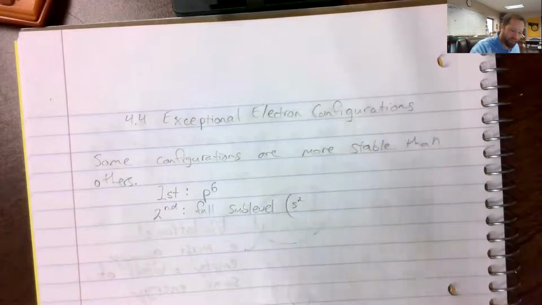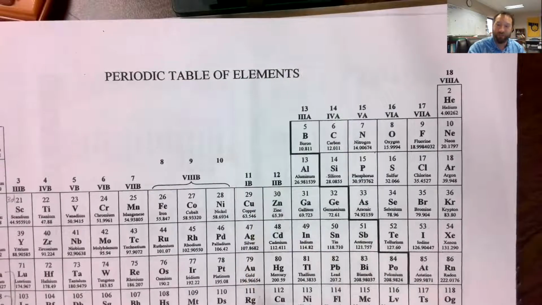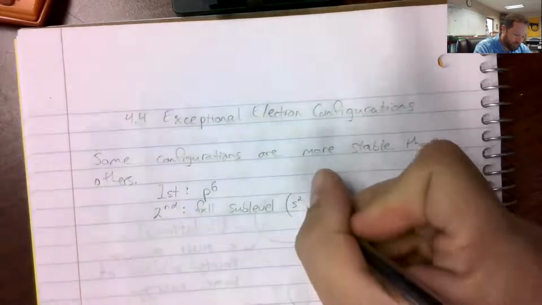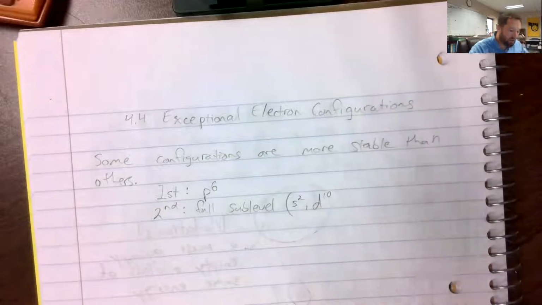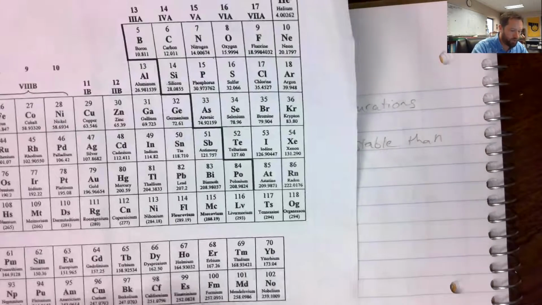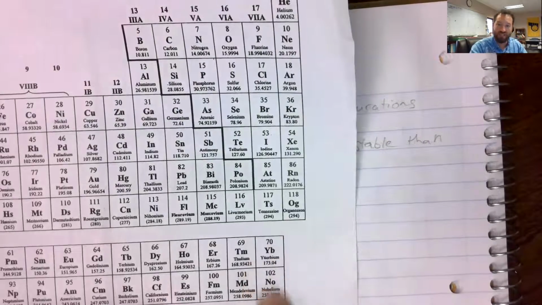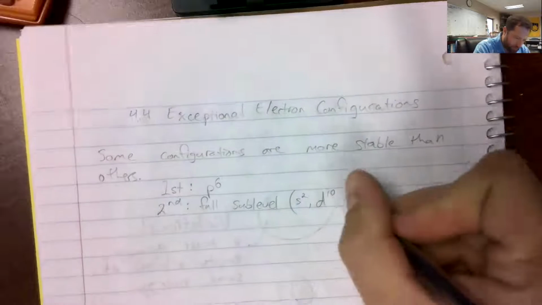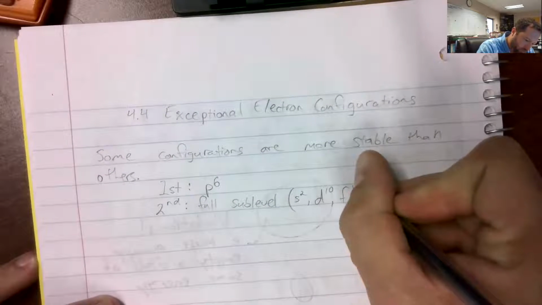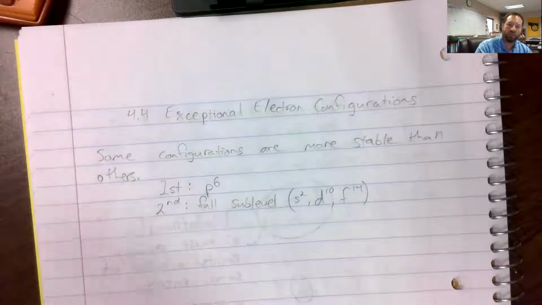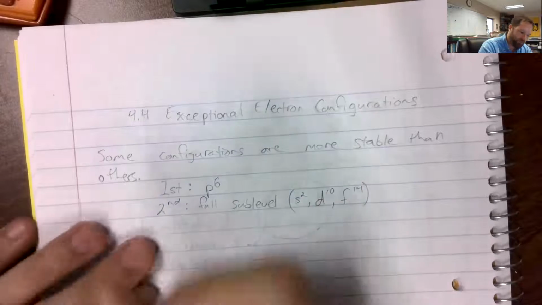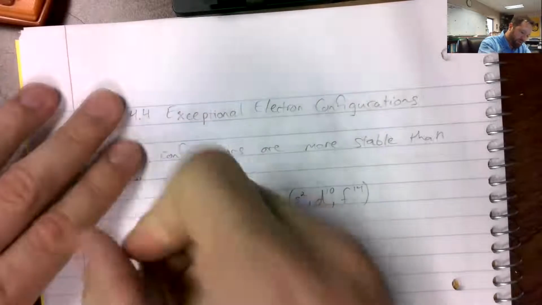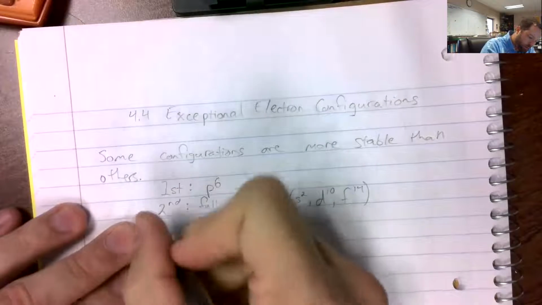You are filled up at the S. D10, good place to be. Second place winner there, D10. And also, if you can, we won't work much with this, but F14, good place to be. You can fill those sublevels. That is a good place to be. S2, D10, F14.